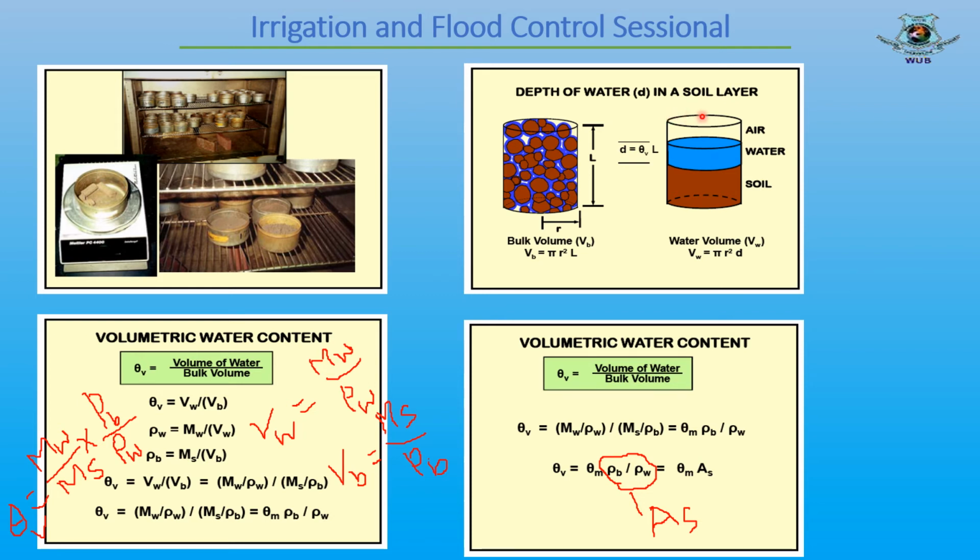Depth of water d in a soil layer. As this is a circular shape, we can calculate the bulk volume Vb equals area into total length. The area of a circle is equal to pi r squared and the length is L, so Vb equals pi r squared L. And the water volume Vw equals pi r squared, that means the cross-sectional area of the circle, times d, where d is the depth of the water content, so the volume of water is pi r squared d.